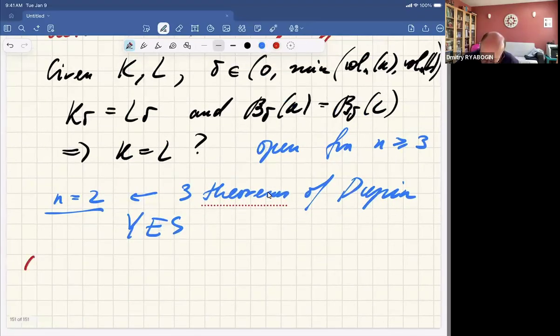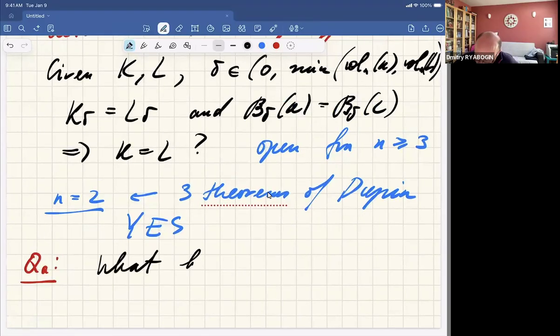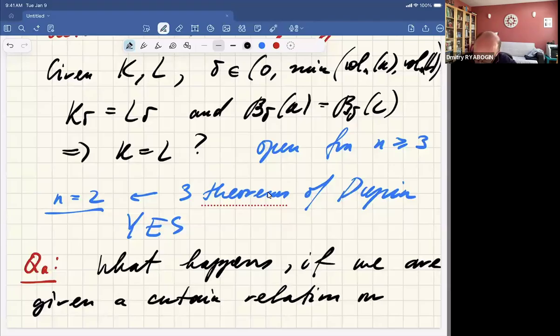So question A, sub-question A: what happens if we are given a certain relation on K, B delta of K, and K delta?